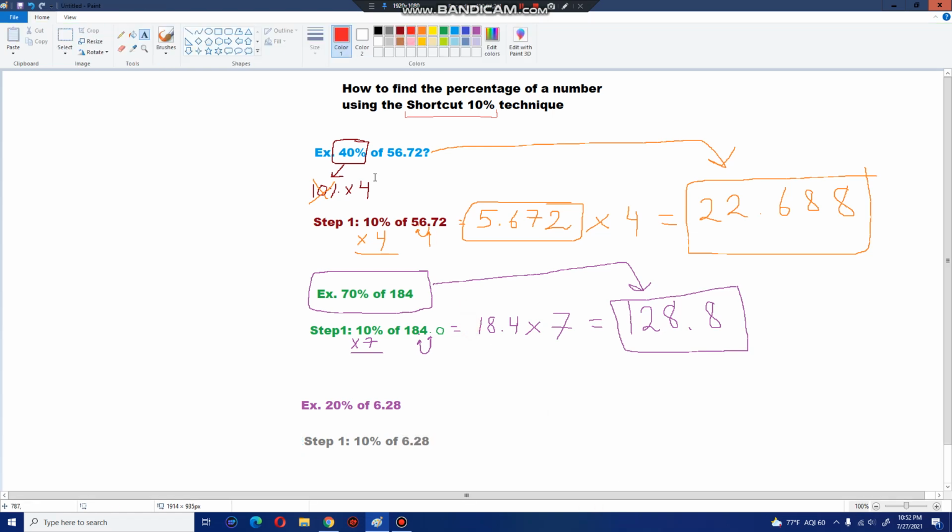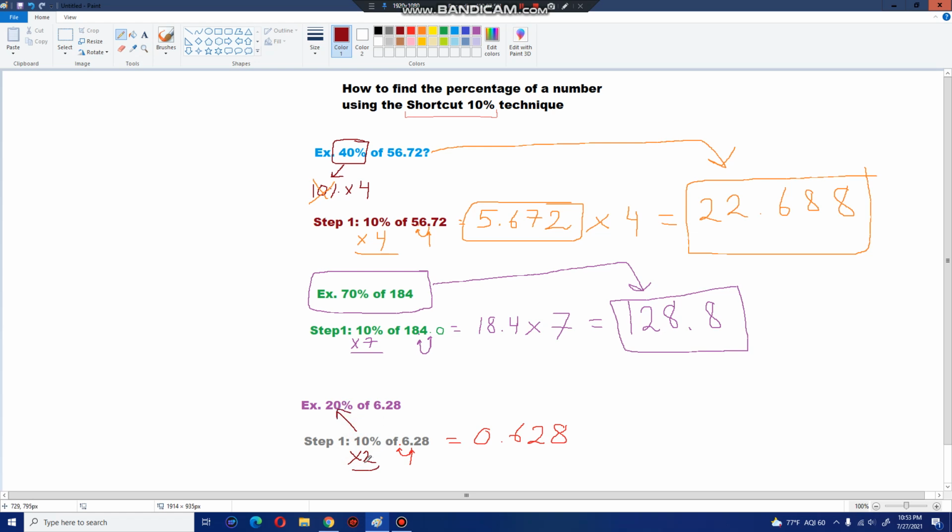Easy enough. Start with a decimal point, which is right over here. Jump one space to the left. Add the new decimal point. And 10% of 6.28 is 0.628. Now, step number 2. 10%, how do I make that a 20%? 10 times 2 will give me 20.